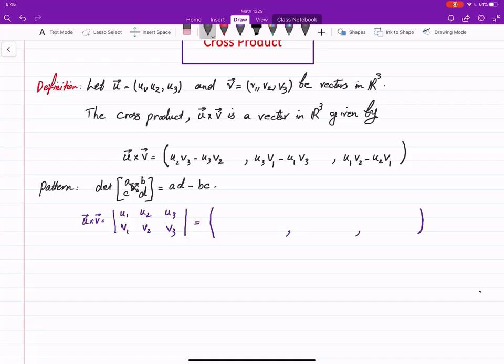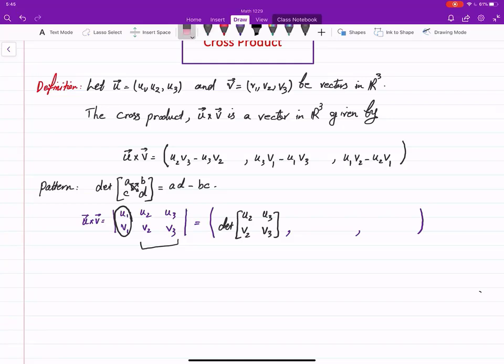For the first entry, you ignore the first column. The remaining is a 2 by 2 matrix. Find the determinant of that: determinant of U2, U3, V2, V3. That's the first entry.